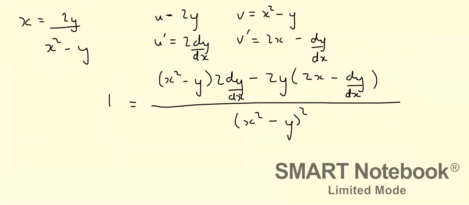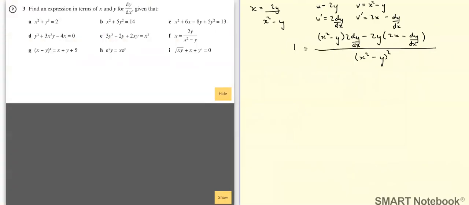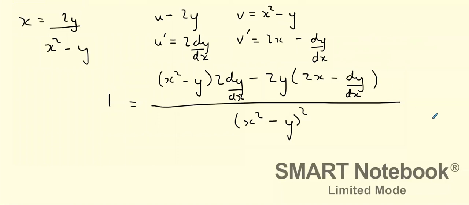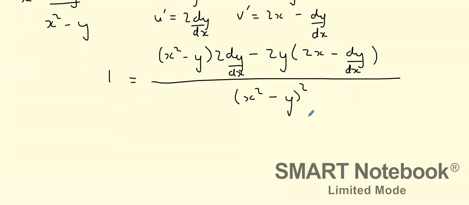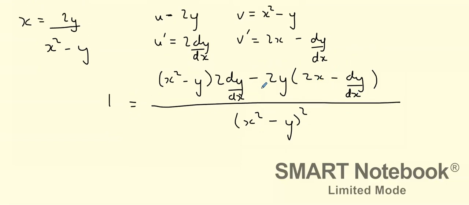So hopefully that should now be okay. Now, luckily all the dy by dx terms are in the numerator, and so that makes life a lot easier, to be fair.